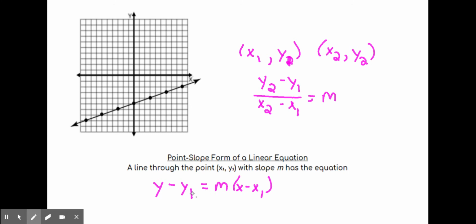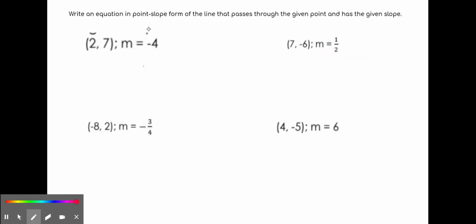How on earth do we use it? Well, here's how. These instructions say write an equation in point-slope form of the line that passes through the given point and has the given slope. So they're going to give you m, the slope, and they're going to give you a point.